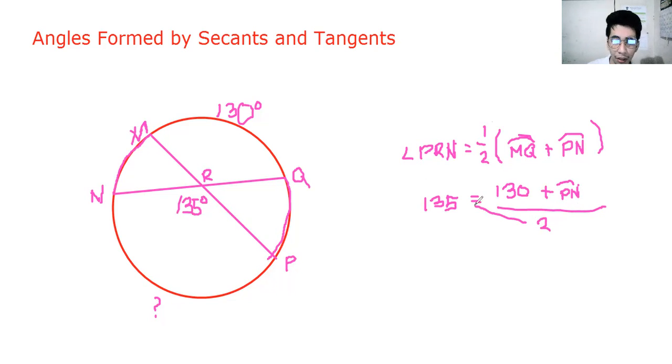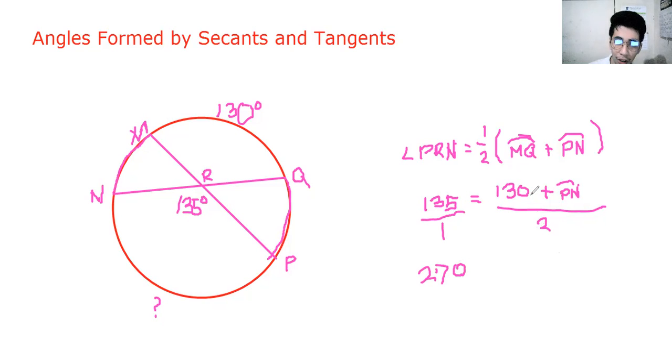So cross multiplication tayo, lagyan nyo ng over 1 dito. So 135 times 2 kasi tatanggalin natin to, kailangan natin ma-isolate si PN. 135 times 2, this is 270.